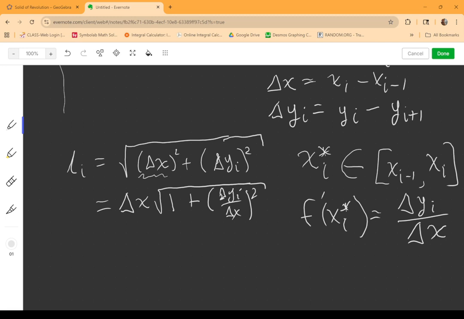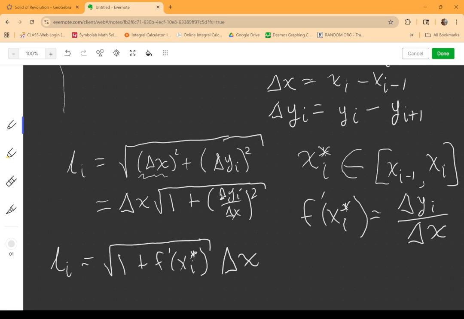Now we can do a little substitution, and I have an approximation for my L sub i. That would be the quantity root 1 plus the derivative at x sub i star, times delta x.